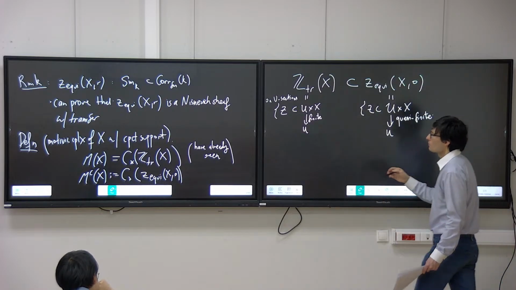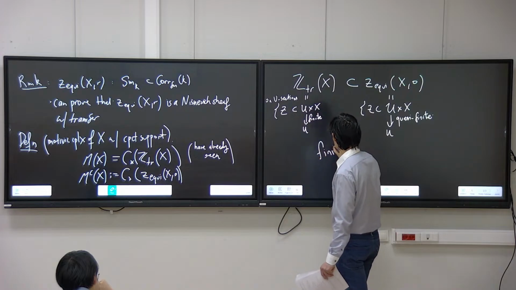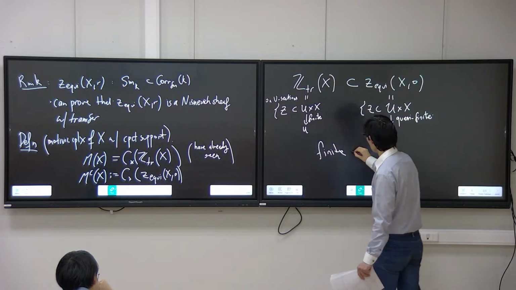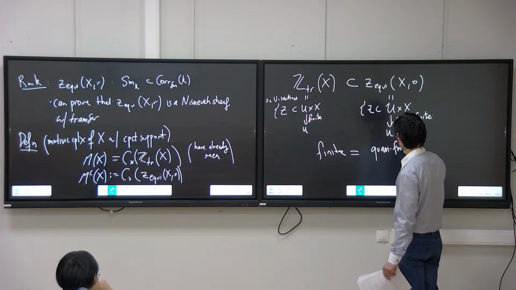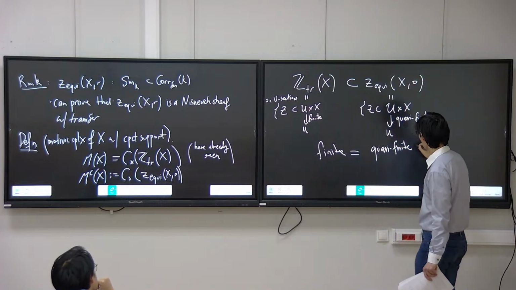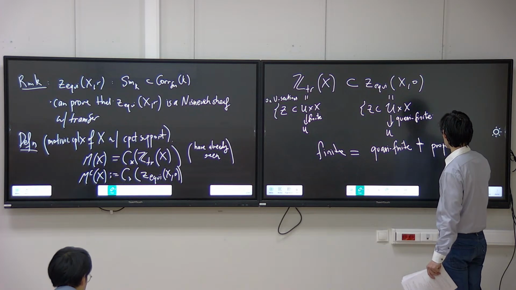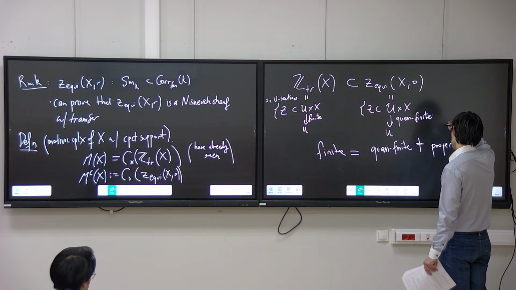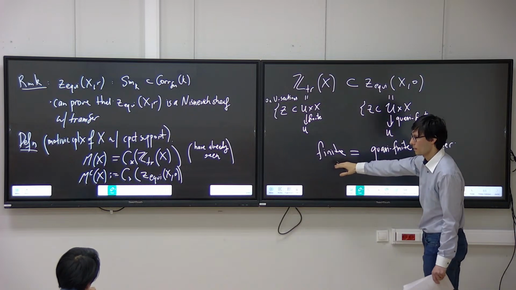The motivation here is that a morphism being finite is the same as being quasi-finite plus proper. Quasi-finite is a priori a weaker condition, proper is a stronger condition, of course, but if you are proper and quasi-finite, then you are finite.